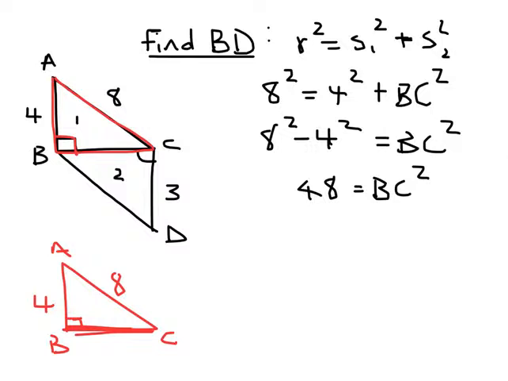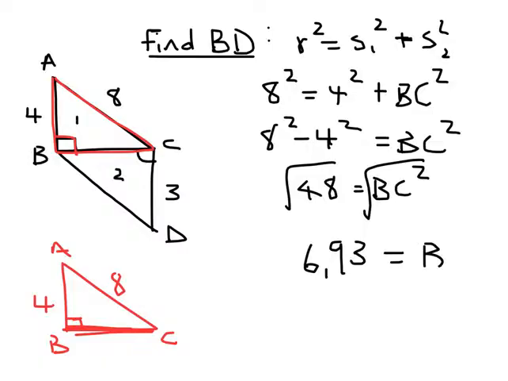You will definitely need to square root both sides so that you find what BC is. So I've punched in the square root of 48. I'll round it to 2 decimal places, and BC is equal to 6.93.